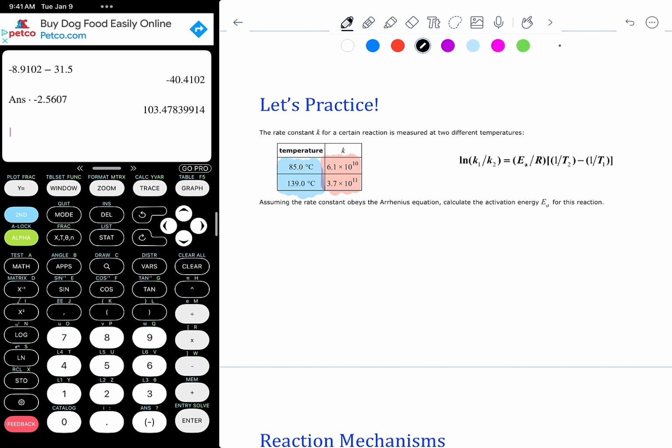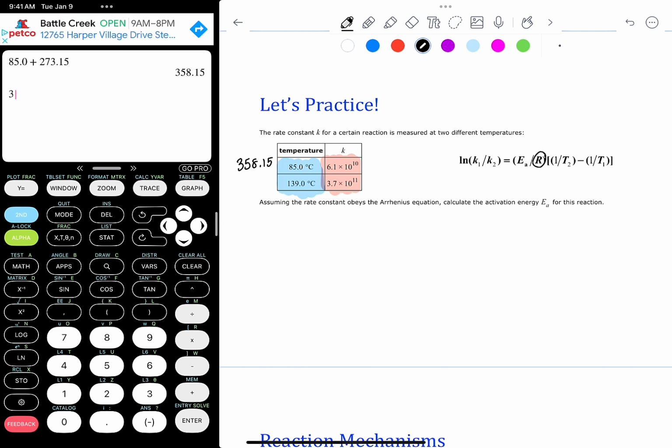So the first thing that we're going to have to do is convert our temperatures because our Arrhenius equation still has an R in it. We still have that gas constant present, and that has units of Kelvin. So we have to convert our temperatures to Kelvin first. So let's take 85 and add 273.15 to that to get 358.15 Kelvin, as well as 139.